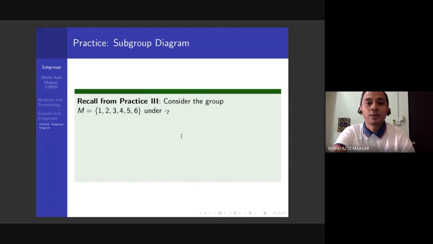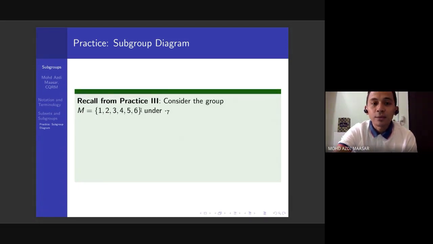In practice 3, we recall that we considered a group M. M contains the integers 1, 2, 3, 4, 5, 6 under the operation of multiplication modulo 7. I believe all of you have done this practice last week. So this is a group under multiplication modulo 7.